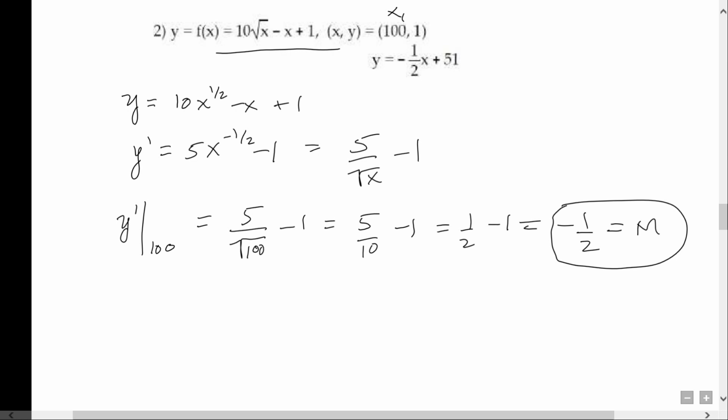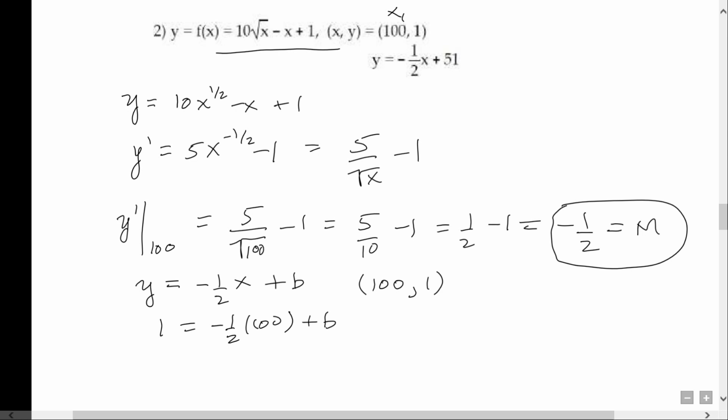So now we know that the equation of the tangent line is y equal minus 1/2 x plus b, and now we need to plug in 101 as a point. So y is 1 minus 1/2 times 100 plus b.